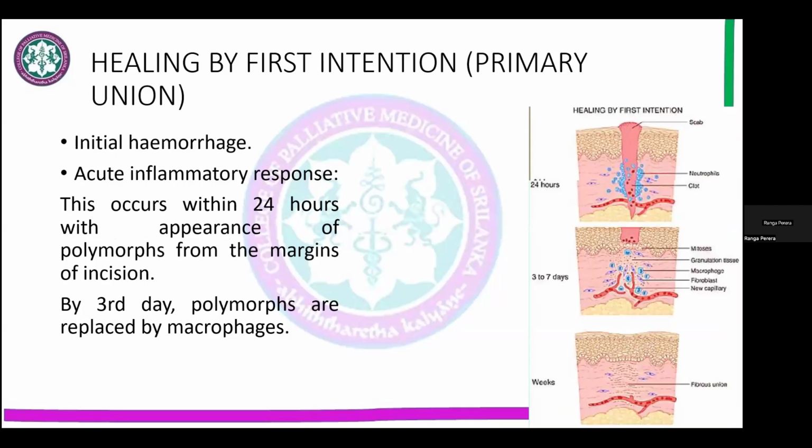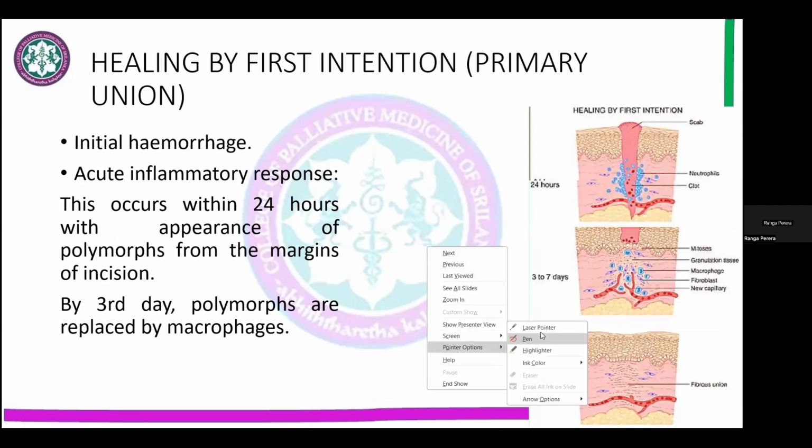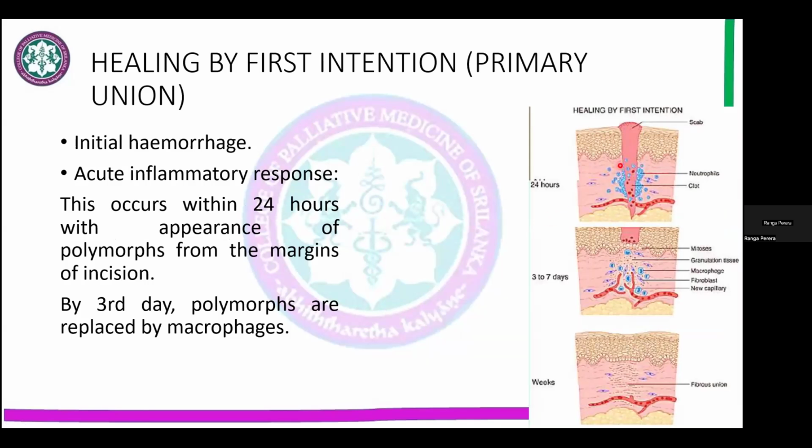Right, now if you take this diagrammatic representation, the initial phase is the hematoma. Can you see my mouse? Right. So in the initial phase, the wound is there. There is a blood clot and a scab is formed. In the initial neutrophilic or inflammatory phase, inflammatory cells will come in and go into this blood clot, and gradually they will dissolve the blood clot.